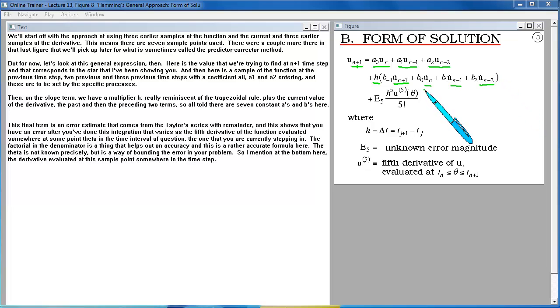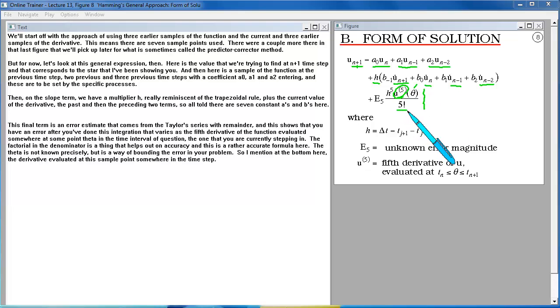This final term is an error estimate that comes from the Taylor series with remainder, and this shows that you have an error after you've done this integration that varies as the 5th derivative of the function evaluated somewhere at some point theta in the time interval of question, the one that you're currently stepping in.